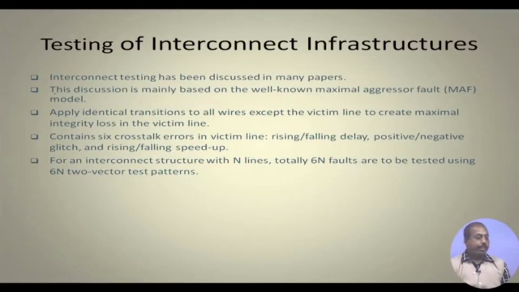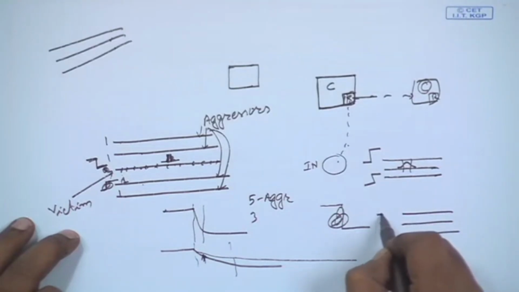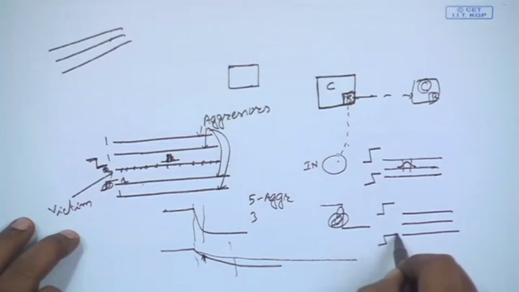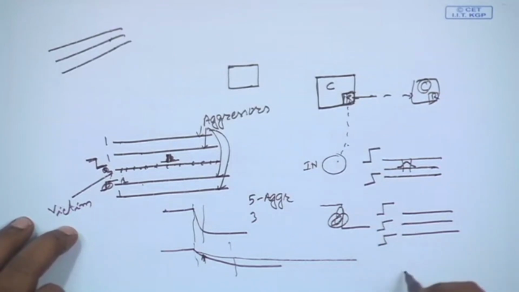Similarly, we can have a negative glitch, and rising and falling speed up. This is just the reverse case. Here we have a 3 wire model, 2 aggressors and 1 victim in the middle. Now, all of them are making 0 to 1 transitions. Ideally, the transition on the victim line should take place in this fashion, with this as the rising delay.